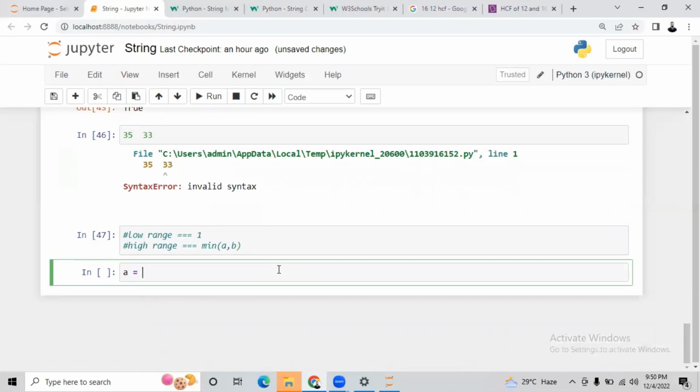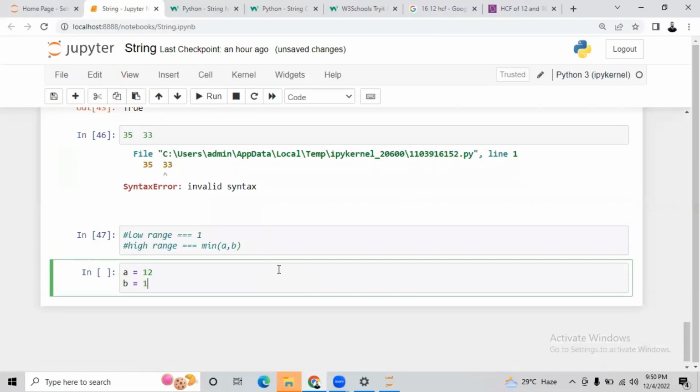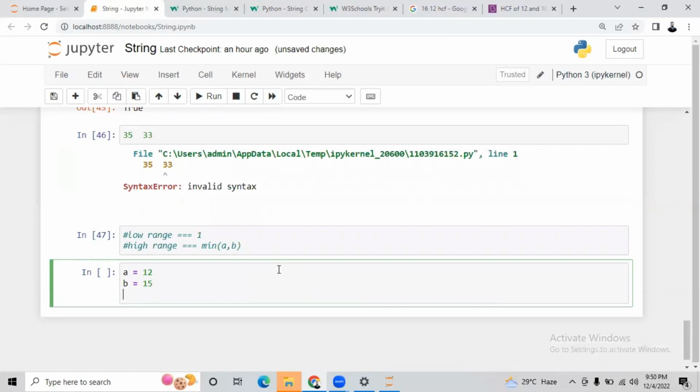So let's take two numbers, A is 12 and B is 15. Let's try to solve this question. What will be the for loop range, for i in range? What should I pass in the range? What will be the low range? 1. And the high range?